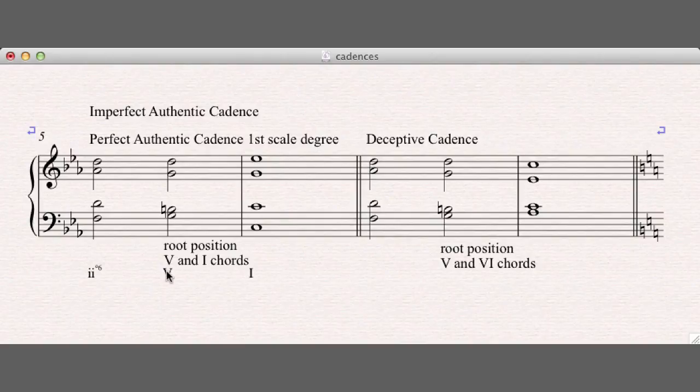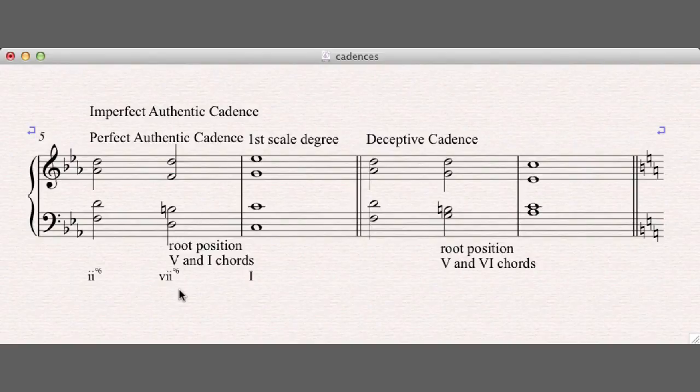Okay, so we talked also earlier about substitutions, right? So can we substitute here? If this was, let's say, a 7 diminished 6 chord. So let me do that real quick. Maybe something like this. 7 diminished 6.